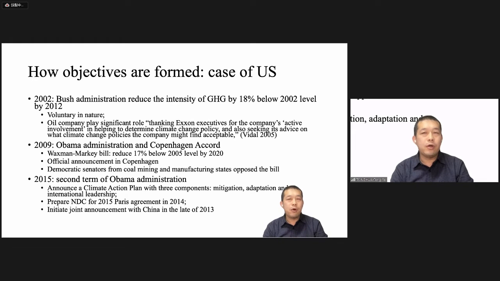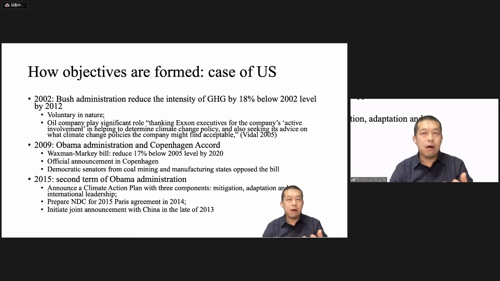And there are emerging materials released by the government, which show that United States oil companies played a significant role in that case, because they discussed with the government which target the oil companies might find acceptable.